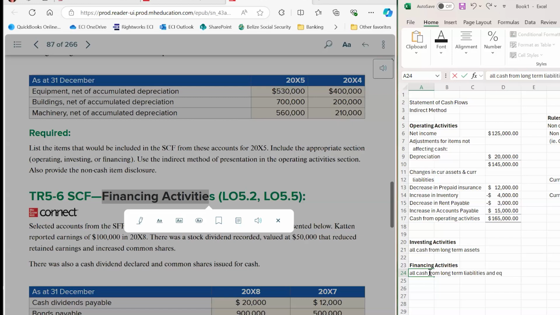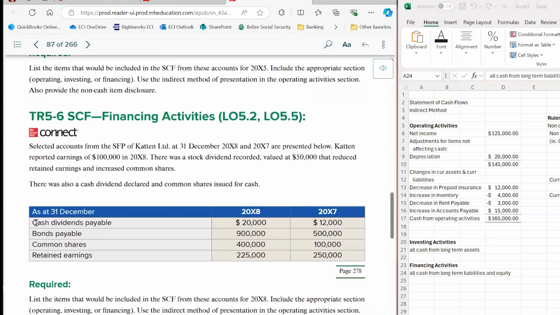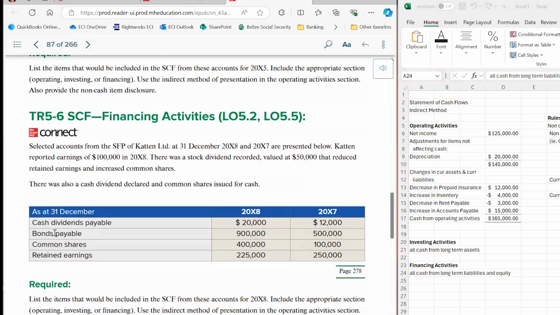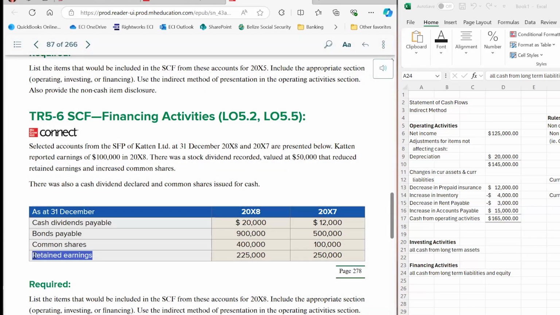You can see it again in the question, but basically, if you look here for financing activities, if they have cash dividends, well, you pay cash for dividends. Bonds, you either buy bonds, like you have some transactions that are related to bonds, common shares, maybe you issue more shares. This is an equity account, retained earnings, of course, being an equity account as well, where companies pay dividends.